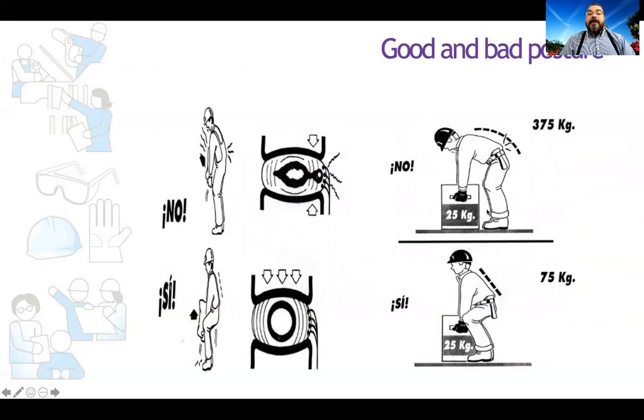You should consider that if you are doing it wrong, such as in the example, even though you are trying to lift 25 kilograms, your back is going to feel a force of 375 kilograms. So you are risking a lesion in your spine. But if you bend your knees, then the load on your spine is going to be only 3 times. That is a lot, but you can have that load on your spine without any trouble.